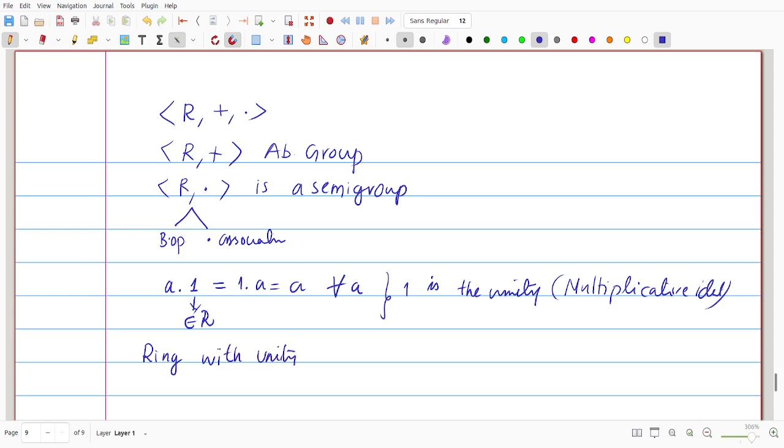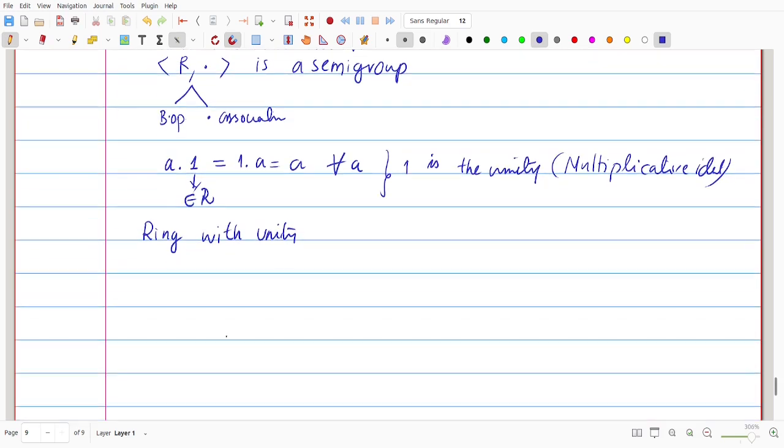So an interesting fact is, if we start with a ring with unity, abbreviated as RU, then you can easily define a homomorphism phi from R to R prime. Suppose R is a ring with unity, then obviously it should contain 1.